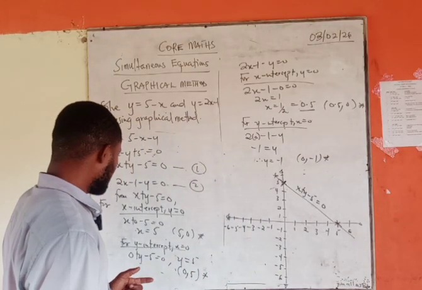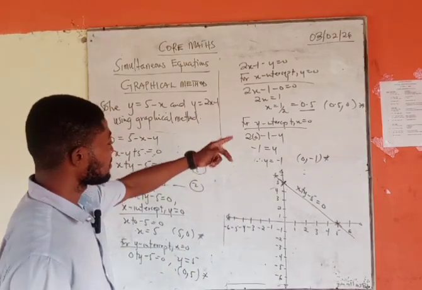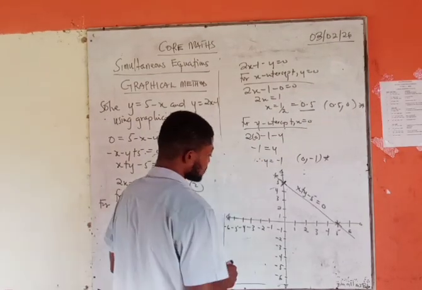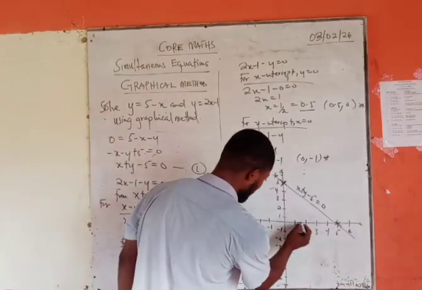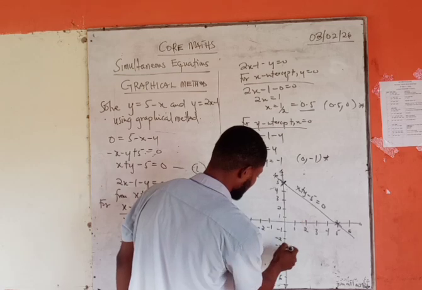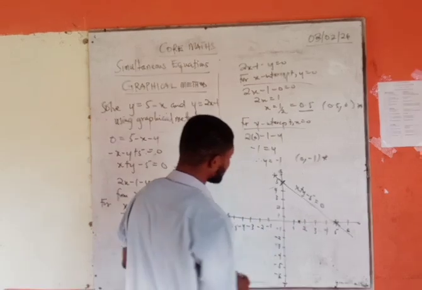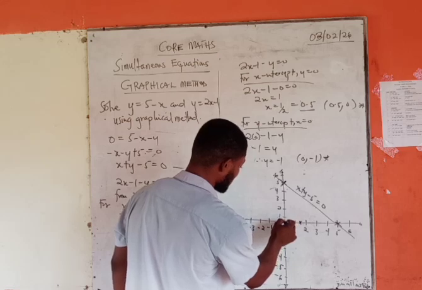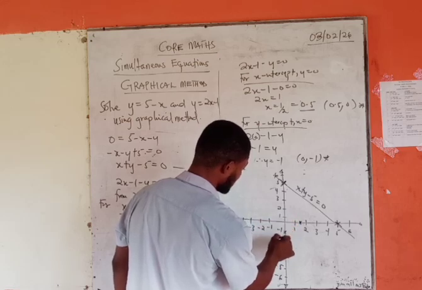Then I take the second one. The second one is given by 0.5 and then 0, so half, which would be somewhere here, and then also 0 against minus 1. So 0 for the x and minus 1 for the y.